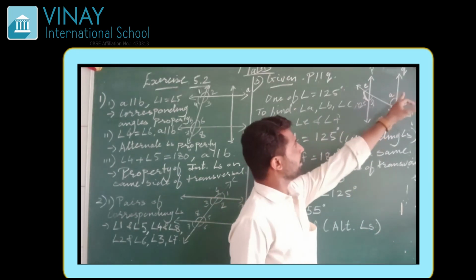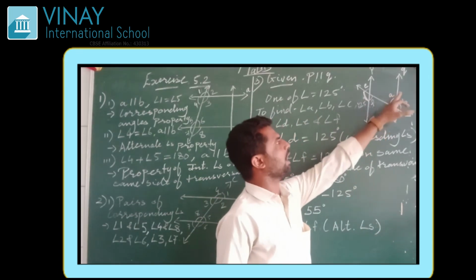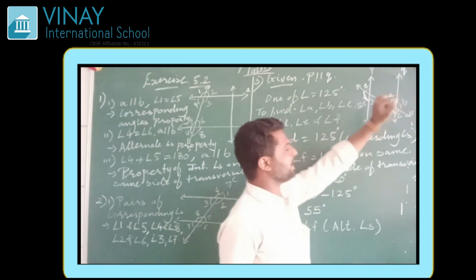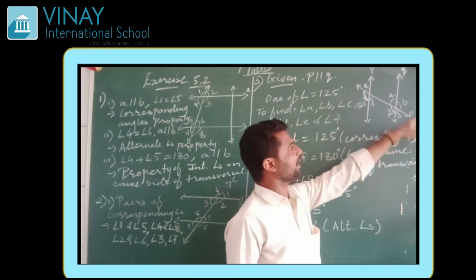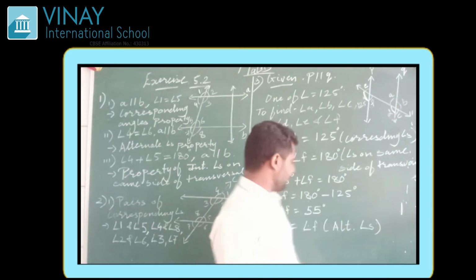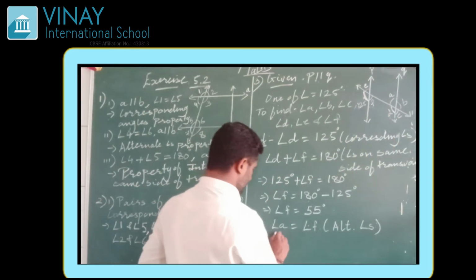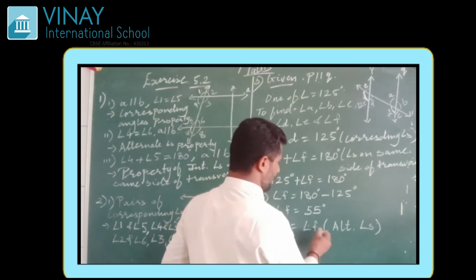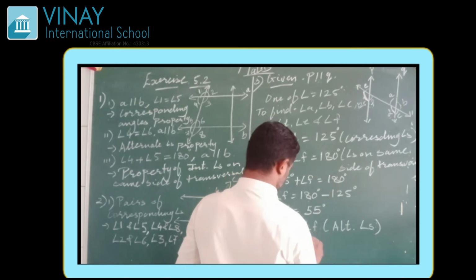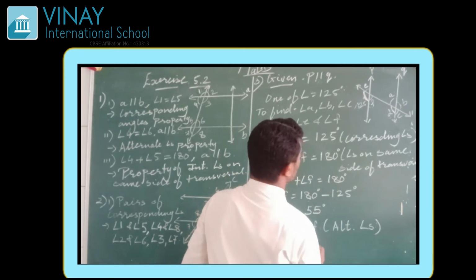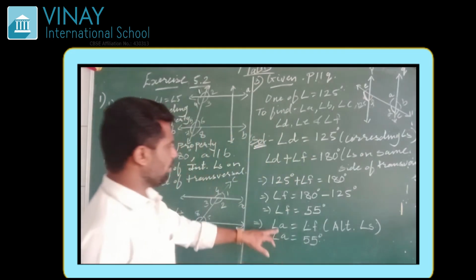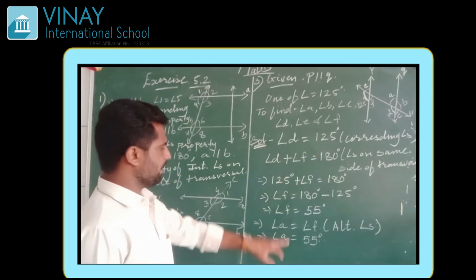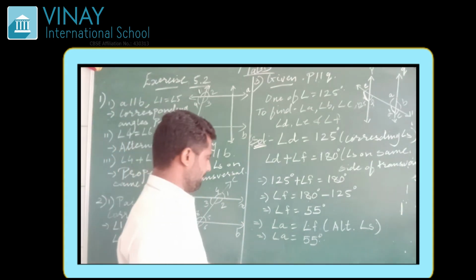We know that when a transversal passes through parallel lines, their alternate angles are equal. So angle A is equal to angle F, which is 55 degrees. Now we got angle F, angle D, and angle A.